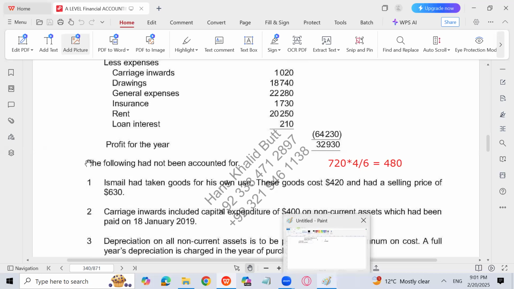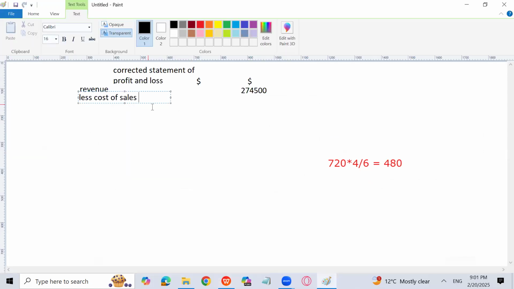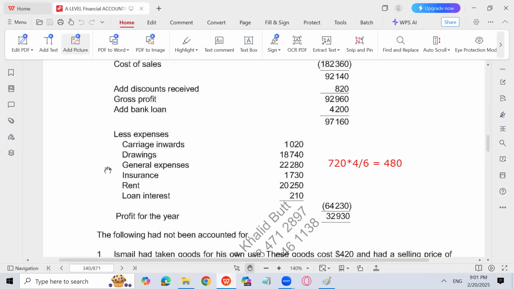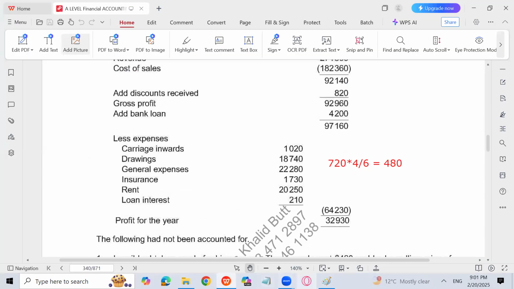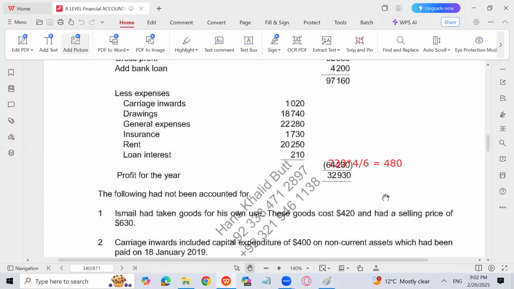So let's do that. The amount of cost of sales is 182,360, so I can do the calculation right here. 182,360 plus 620, which is the carriage inward after subtracting 400, and then minus goods drawing, which needs to be subtracted from purchases, 420.